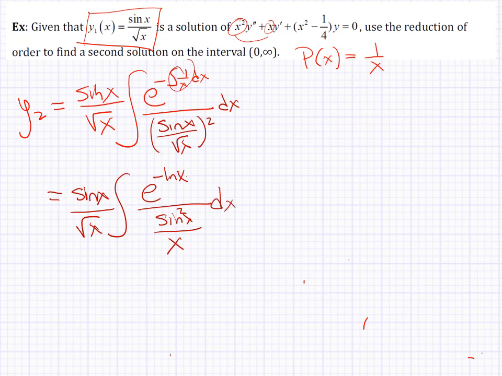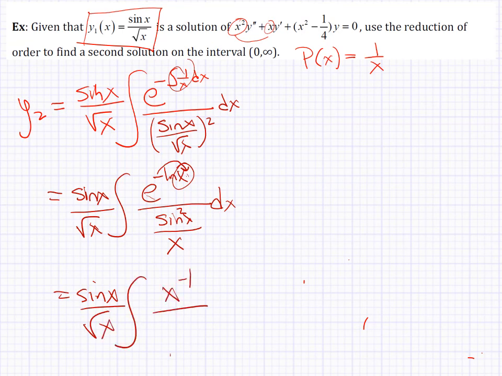Here I'm going to cancel, but before I cancel, bring the negative 1 in. So e to the log will cancel, and this will be x to the negative 1. So sine x over square root of x times the integral of x to the negative 1 over sine squared x over x.